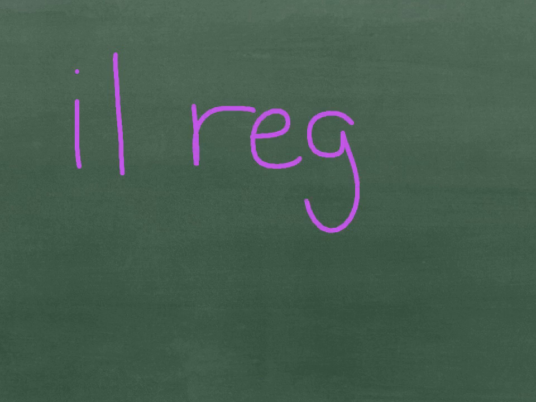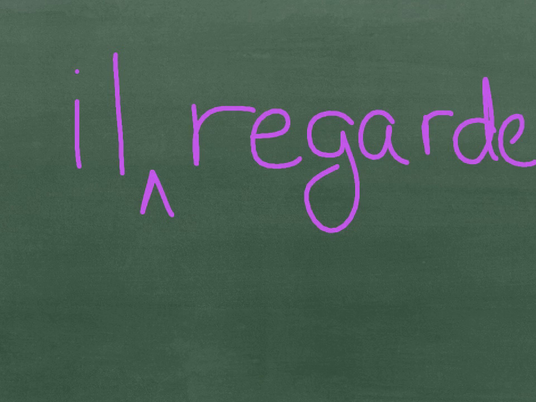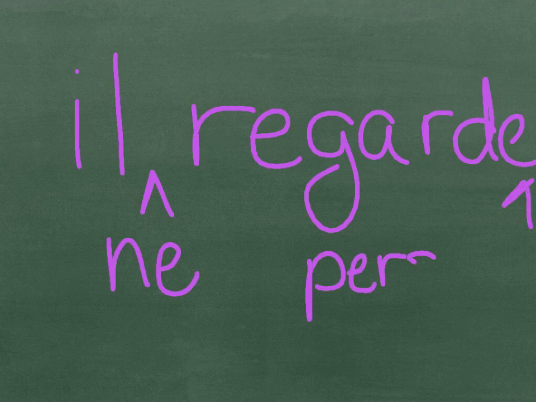Okay, let's take a look at personne. What if we said he's not looking at anyone, or he's not looking at anybody? So we start with il regarde, which is he looks at. To make that negative, to say he's not looking at or watching anybody, we add the ne, and then at the end, squeeze it on in there, we have the ne personne.